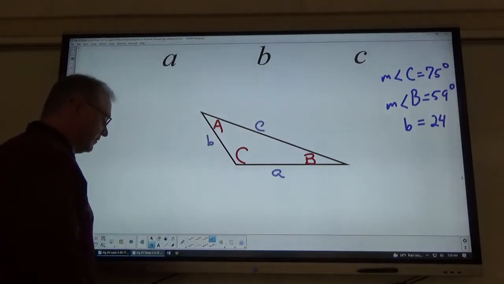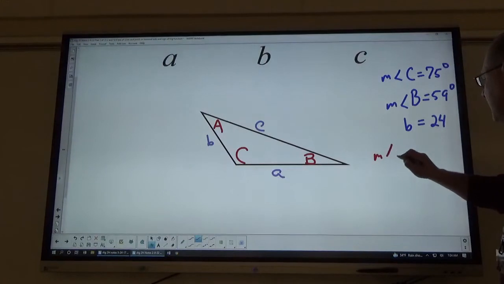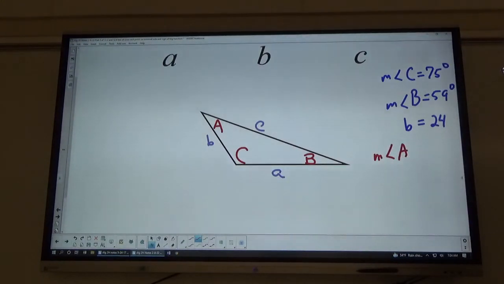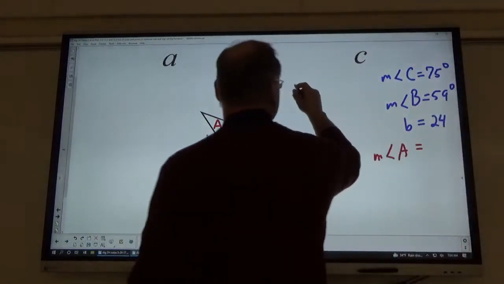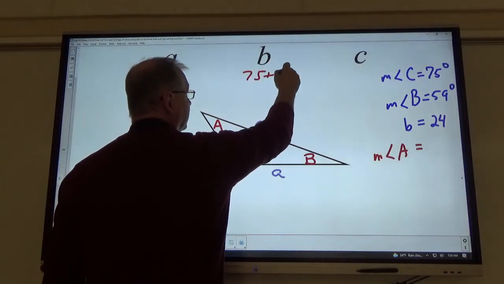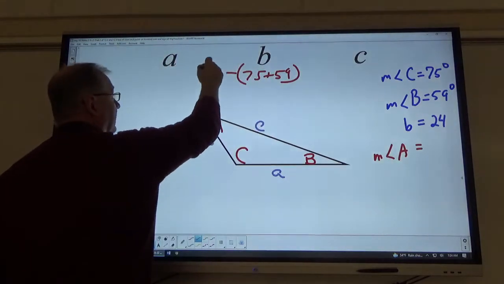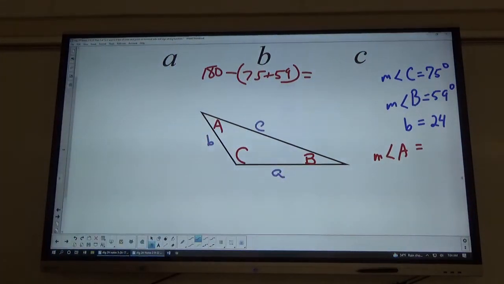So to do that, the easy first one is angle A. Measure angle A. Well, that's so easy. If I've got two angles of my triangle, I add them up, subtract from 180, and that gives me measure of angle A. So angle A is going to be 75 plus 59 subtracted from 180. 75 plus 59 is 134.